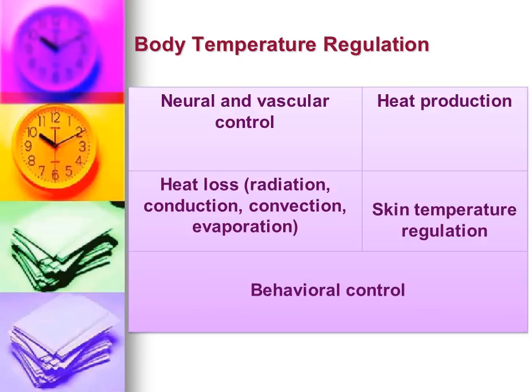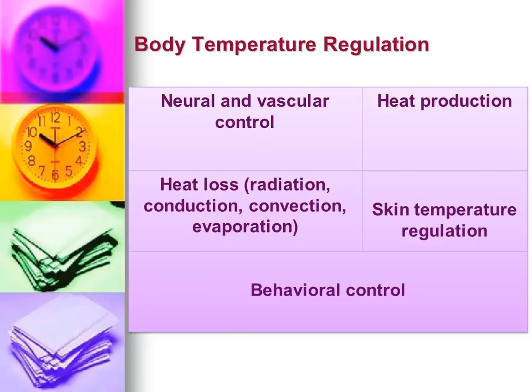A process called thermoregulation controls the physiological and behavioral mechanisms that regulate heat loss and heat production. The relationship is regulated by 6 mechanisms: neural and vascular control, heat production, heat loss, skin temperature regulation, and behavioral control.